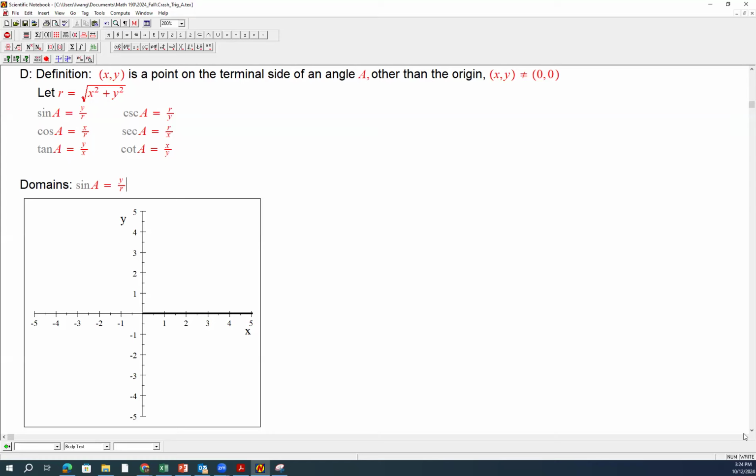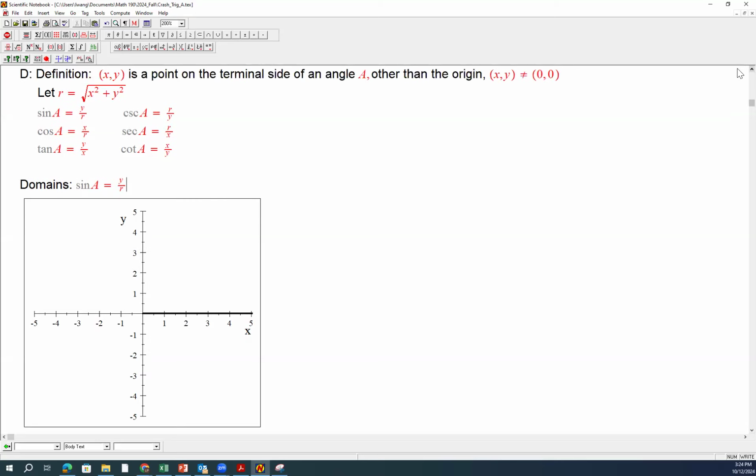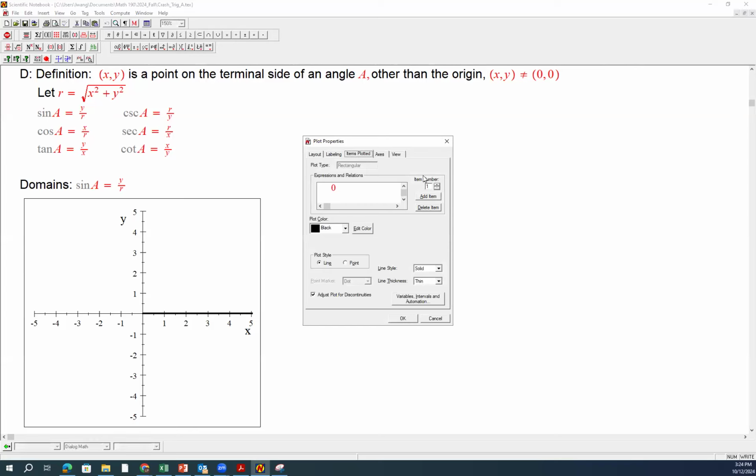Take one of those examples. We're going to apply the definition, and we're going to take one example, which is the one I've chosen here, 3, 4. I'm going to plot this point right there.